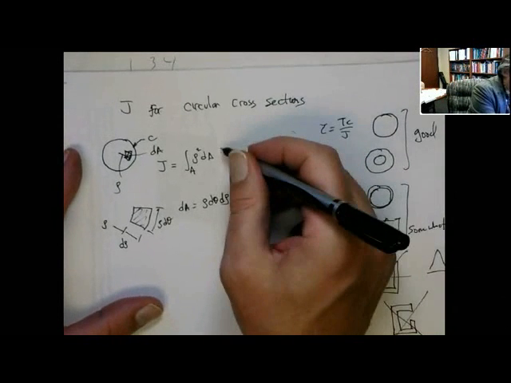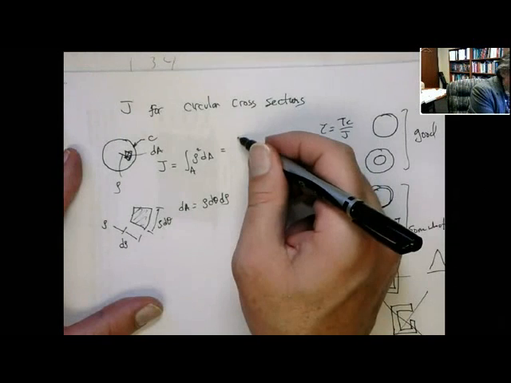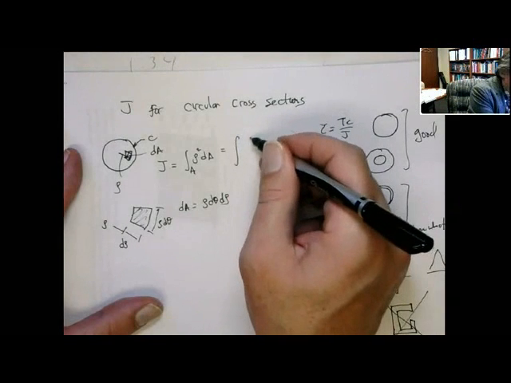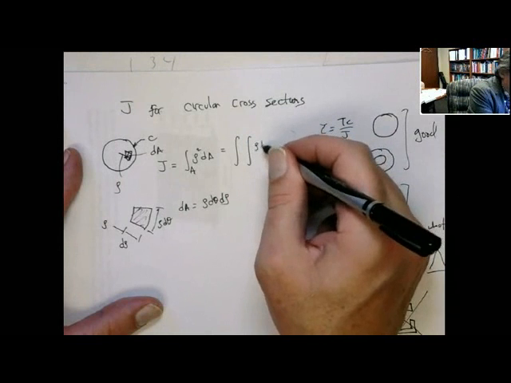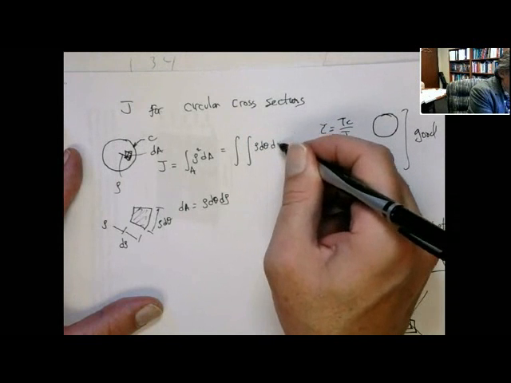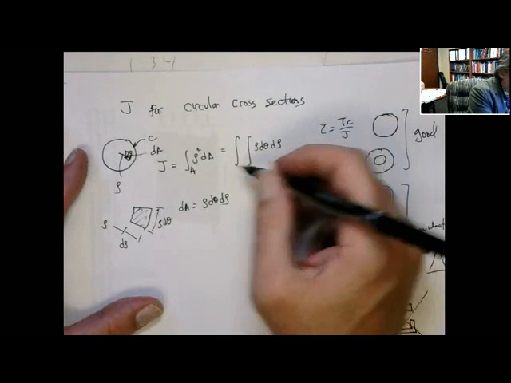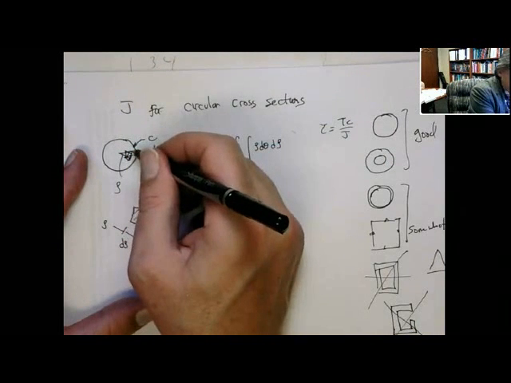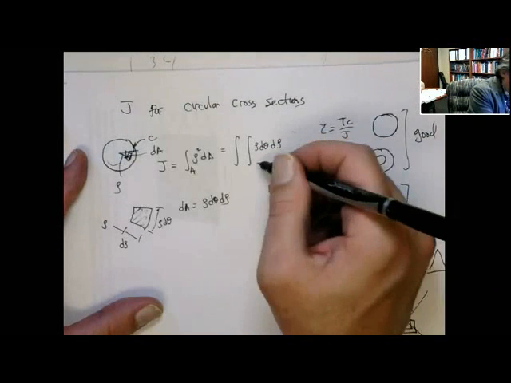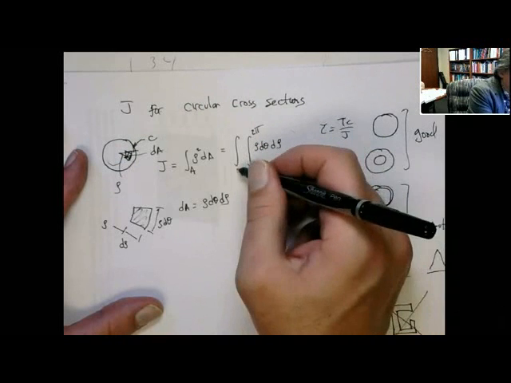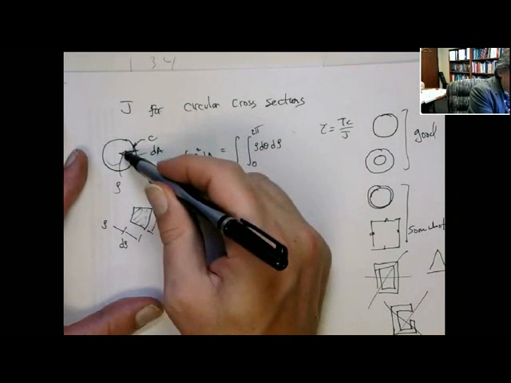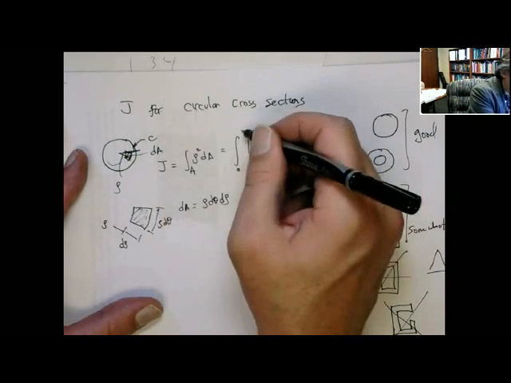Breaking up the integral, the rho integral goes from 0 to outer radius c.